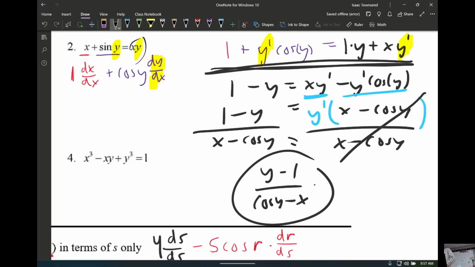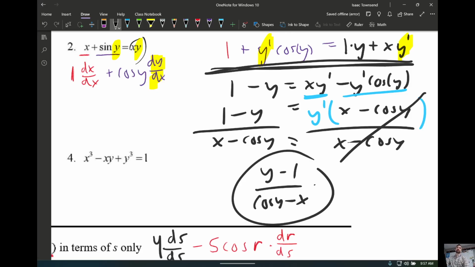So truthfully, if you feel like you need to study implicit differentiation, honestly, it's probably one sentence that you need to make sure you have memorized. Every time you take the derivative of y with respect to x, create a y prime. That one statement is really enough to cover you for implicit. It doesn't mean that implicit is going to be easy.